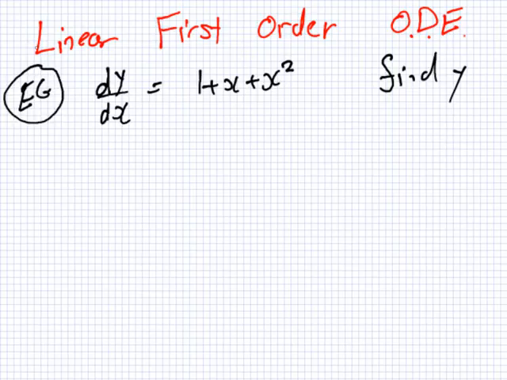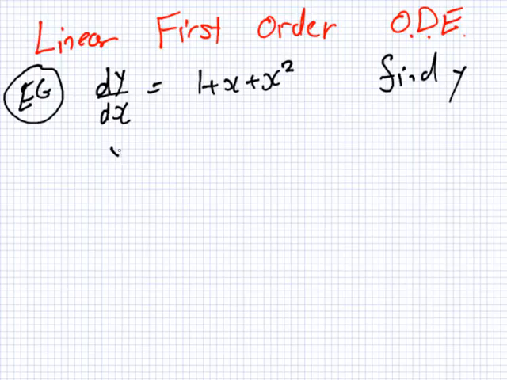Well, you should have an idea on how I could do that. If I tell you what the derivative is, and I give you the derivative and I want the y, how can I do that?